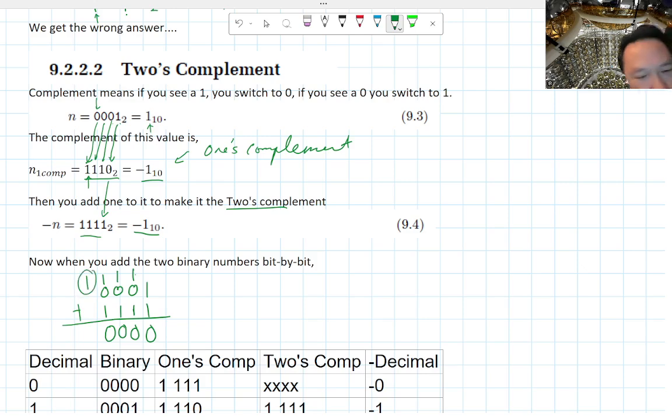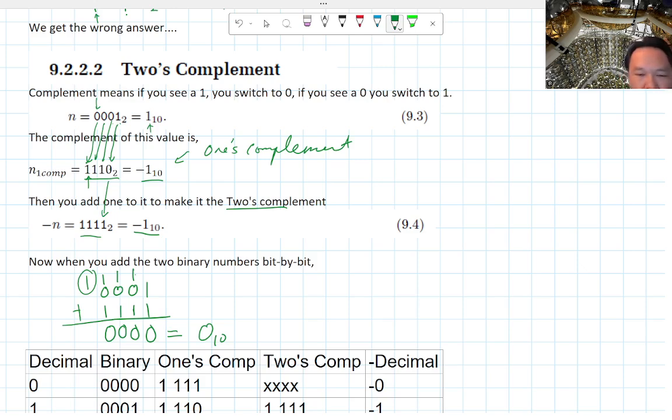There's a carry at the end, but since we're dealing with a 4-bit number, that just gets thrown away. You never actually hold it in your device. It just gets ignored. And of course, 0000 is 0 in decimal, so now we are getting the right answer. I'm going to have you play around with this a little bit in the pre-lab, and that way it shows that it does work.